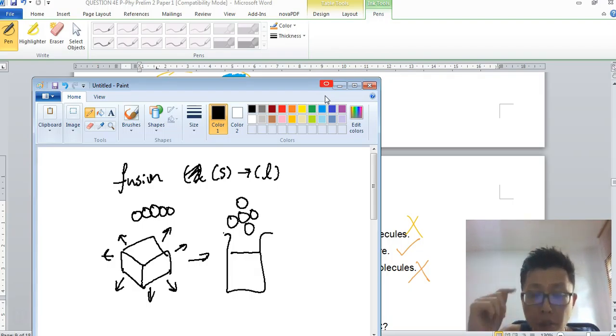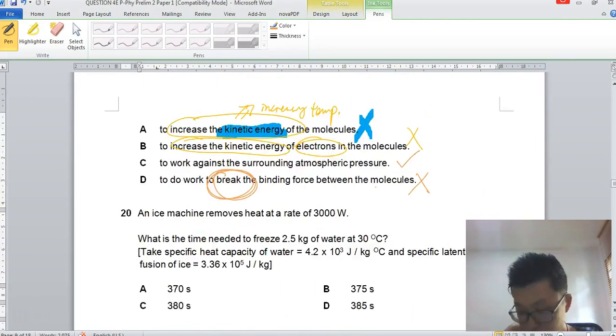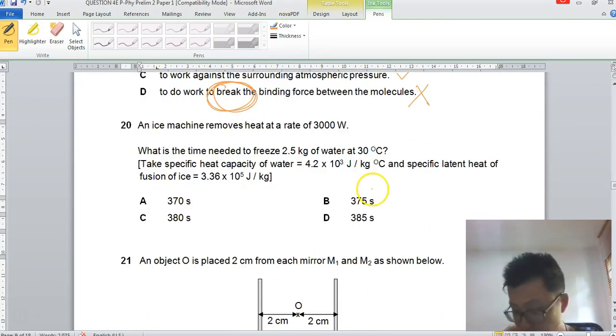The implication is that when you are answering a structured question that has a lot of marks, then you need to mention that the latent heat of vaporization or fusion is not only used to weaken or break the intermolecular bonds, but also to work against the atmospheric pressure. Yep. So let's move on.